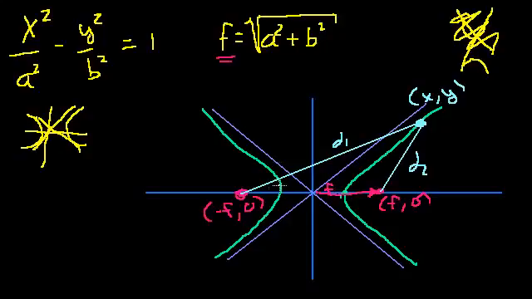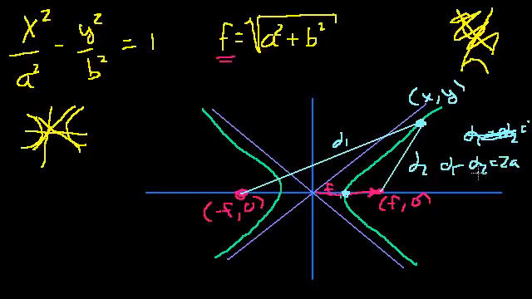And we learned in the last video, by picking a point, that the difference of the distances is 2a. So d1 minus d2 is equal to 2a.